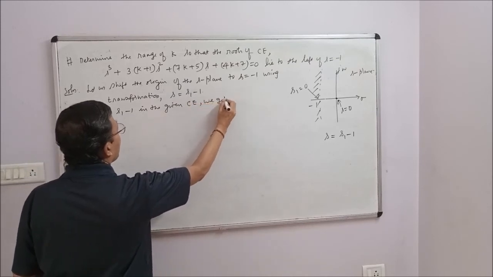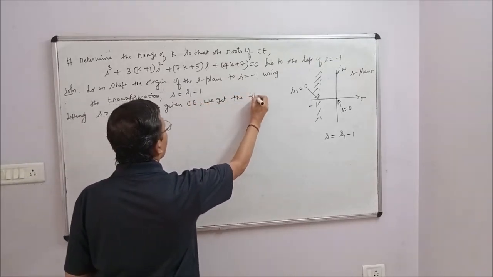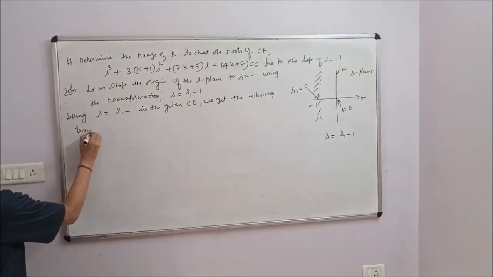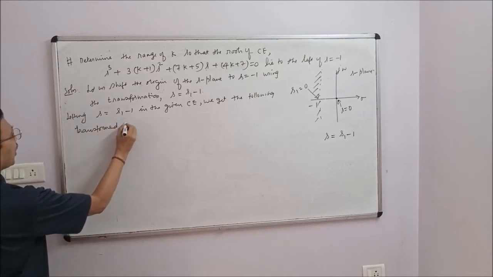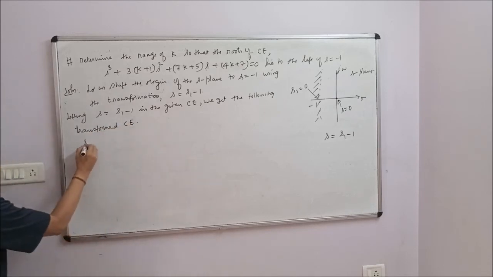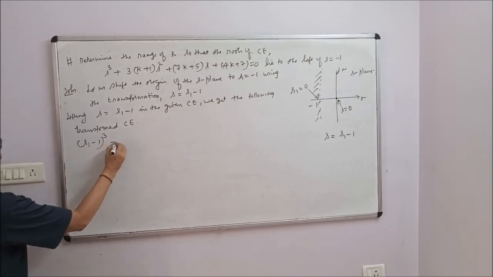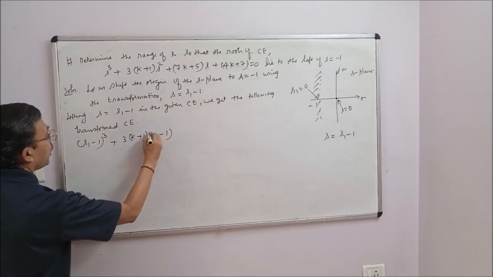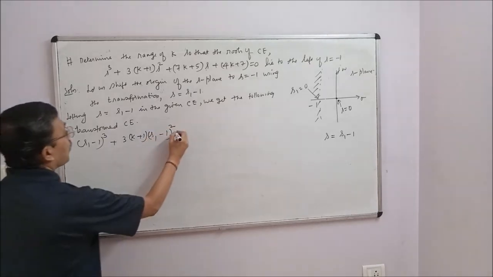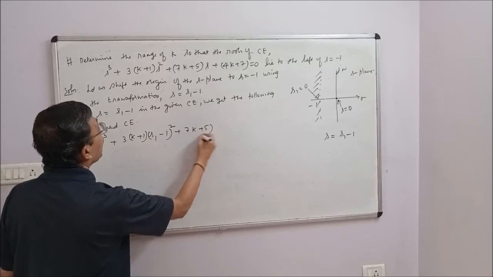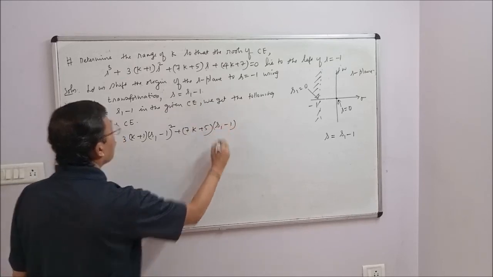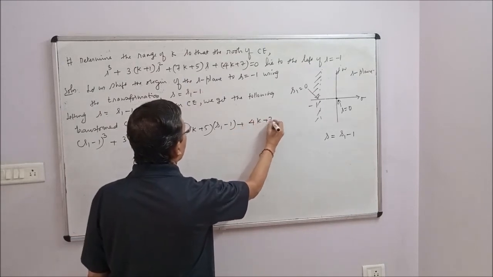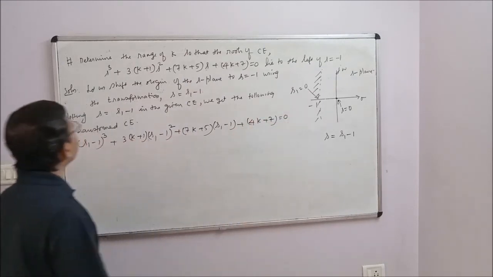We get the following transformed characteristic equation. What is it? S1 minus 1 whole cube plus 3 into k plus 1 into s1 minus 1 whole square plus 7k plus 5 into s1 minus 1 plus 4k plus 7 equal to 0.